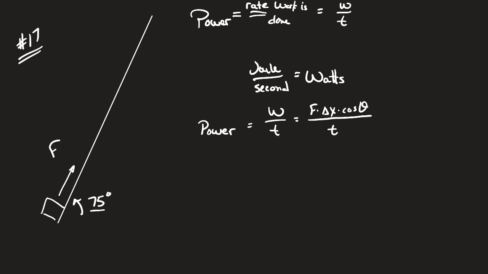And since we can multiply or divide in any order we wish, I can group these together to get force times delta x over t times the cosine of theta. This suggests that if you have an object moving at a constant velocity, the power requirements are force times velocity, which is a second way to calculate power.